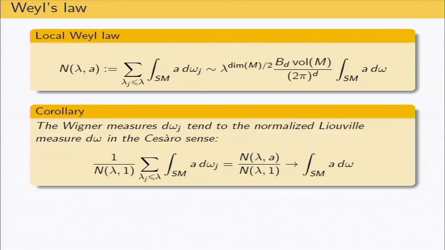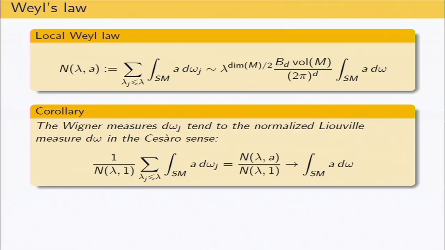One important corollary is that in the Cesàro sense, the Wigner measures tend to the normalized Liouville measure d omega, normalized meaning that total phase space has volume 1 with respect to this measure. So the Liouville measure is the most natural measure you can put on phase space.